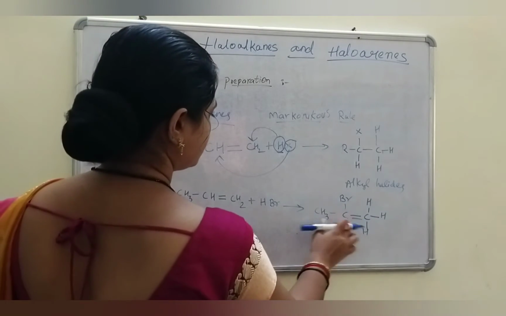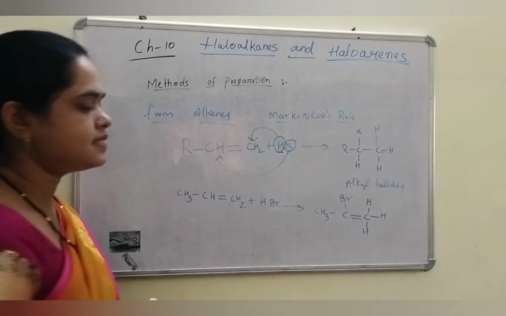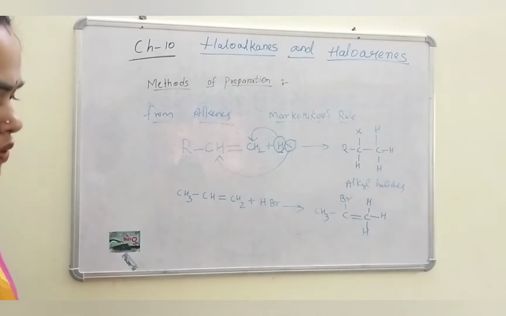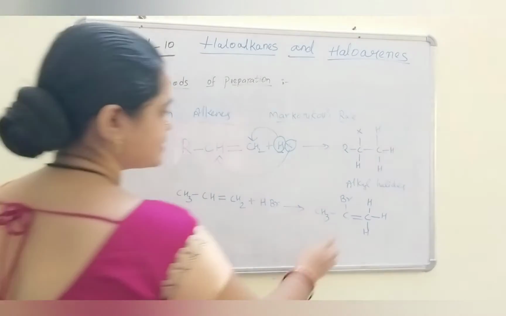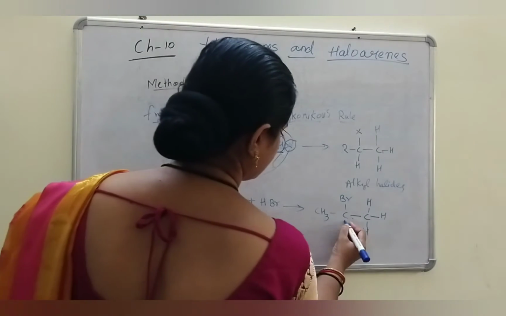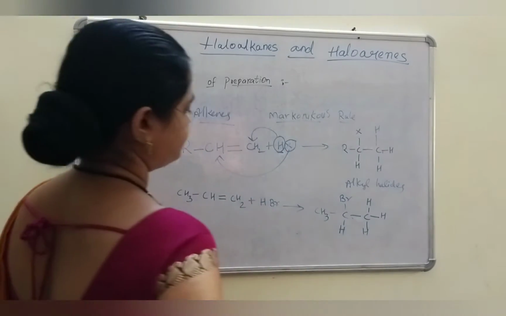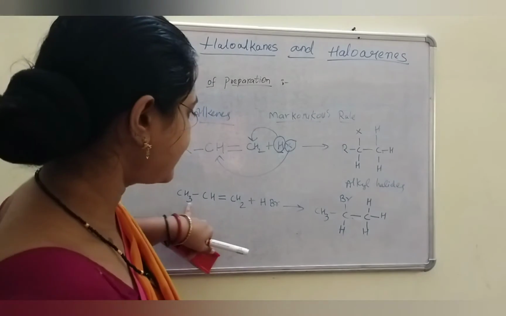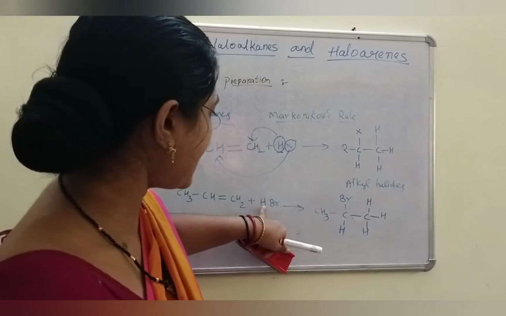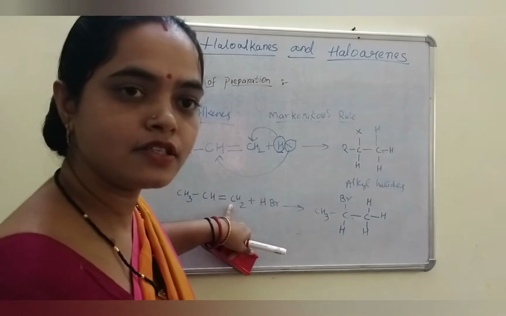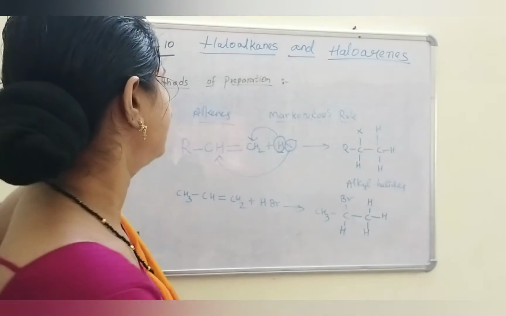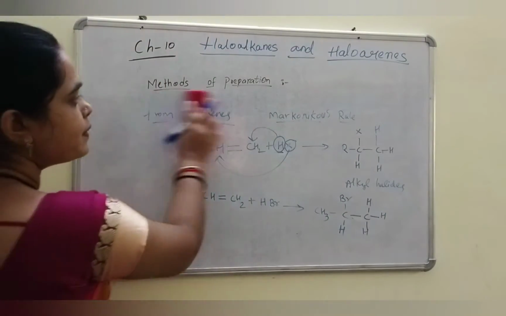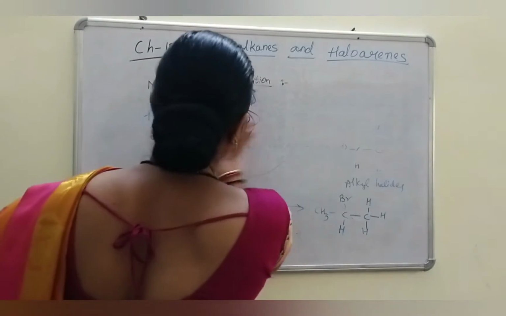CH3, C 1 2 3 4. So this is Markovnikov's rule. The bromine is attached to the carbon that has the alkyl substituent, where the hydrogen is attached to the carbon that has more hydrogen substituents. This is Markovnikov's rule, preparation of alkyl halides from alkenes.